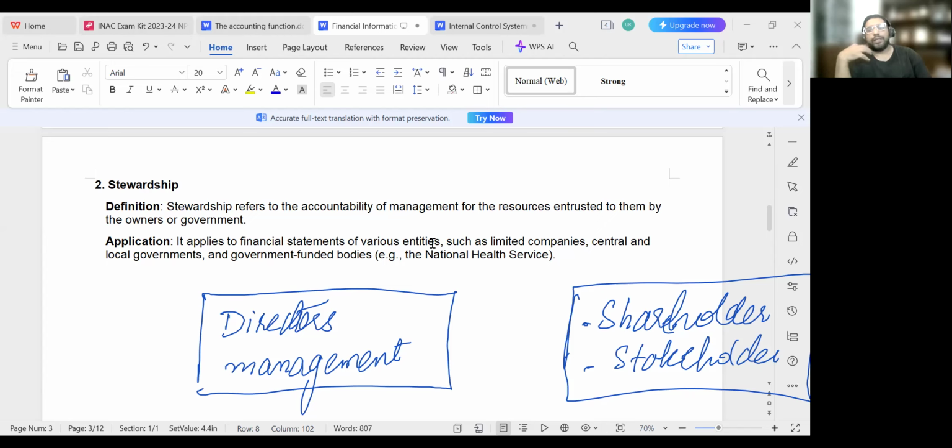Owners have given the control of resources to the directors, because the directors are the ones running the company. So for the time being they have the ownership of the company because they are running it. Stewardship is the concept that directors or management are accountable for the resources given to them. Okay, so this is stewardship.